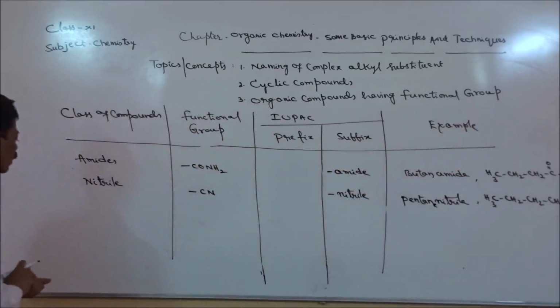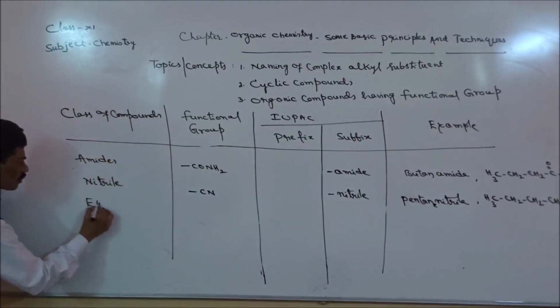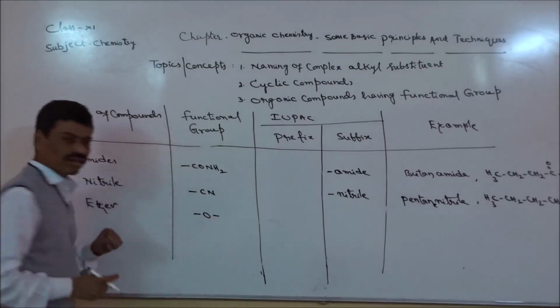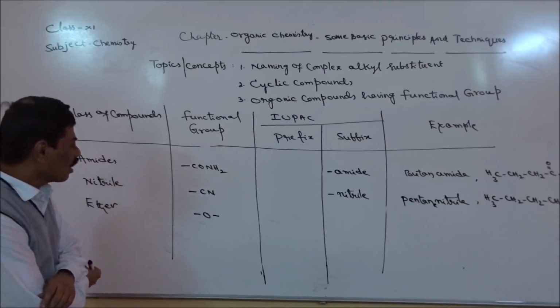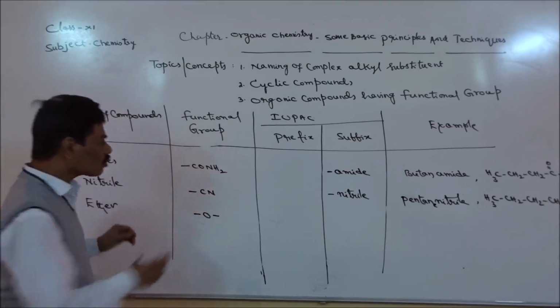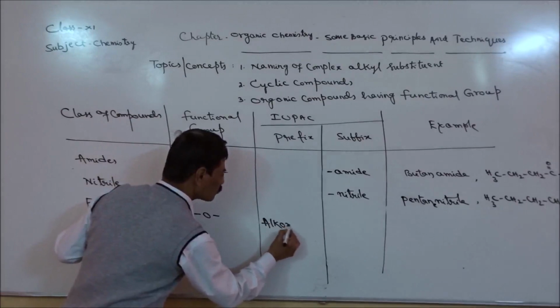The next compound is ether. The functional group of ether is O. On either side of the oxygen, if we put bonds, then it will become the functional group of ether. And its name begins with alkoxy, so it should be the prefix. Alkoxy.